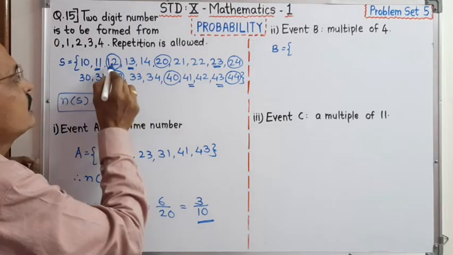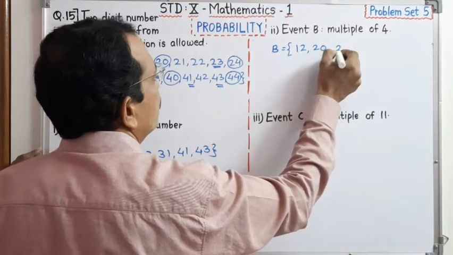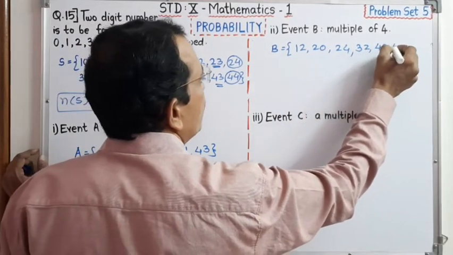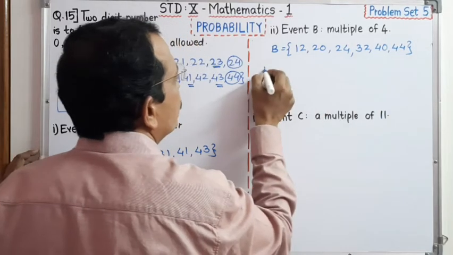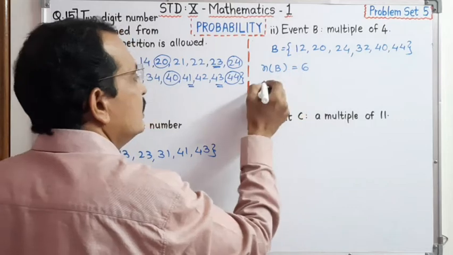Got it? Dear students, see: 12, 20, 24, 32, 40 and 44. Therefore the number of B is equal to 6.